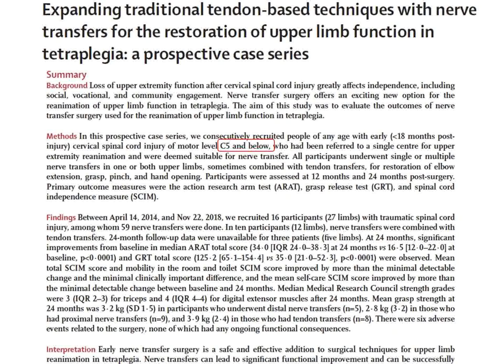And in this operative intervention, not only were tendon-based techniques used, but nerve transfers were done to try to reinnervate important hand musculature so that the patients could do more than merely shrug their shoulders.